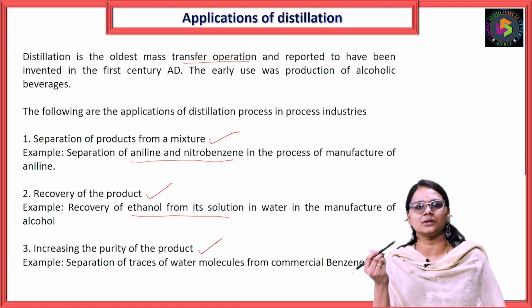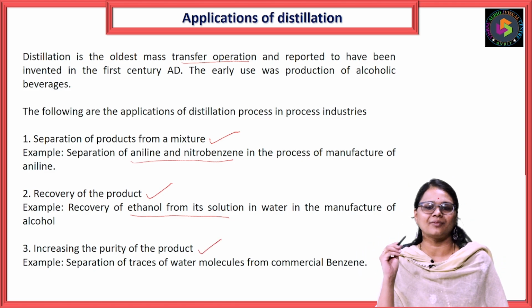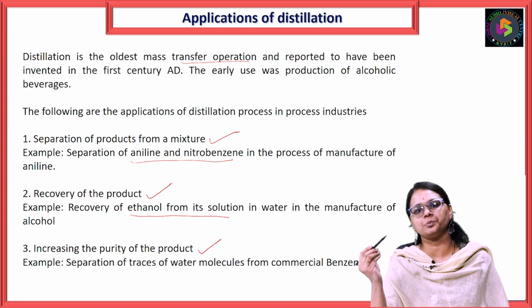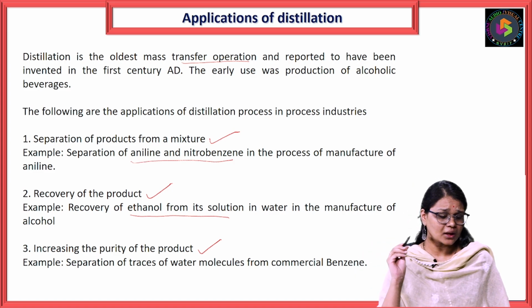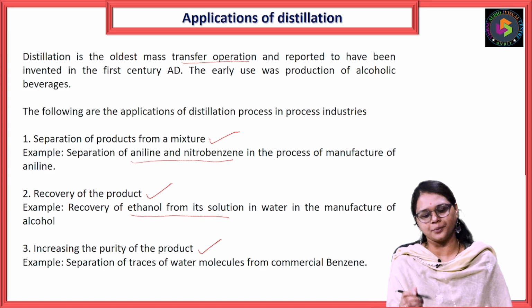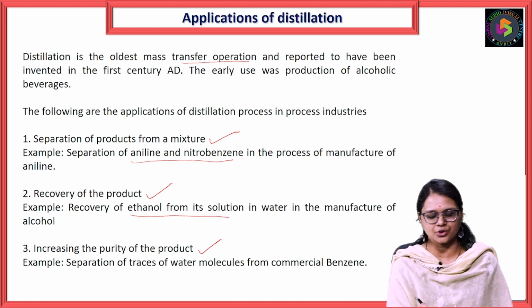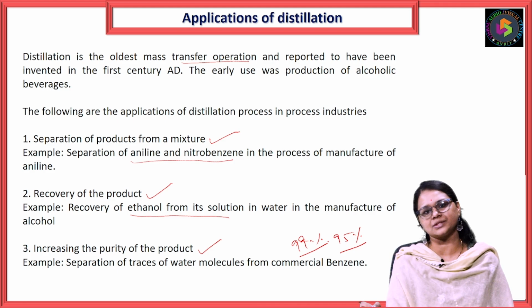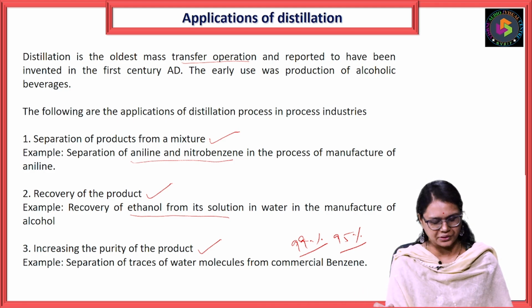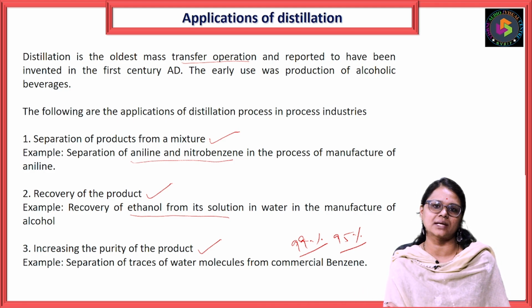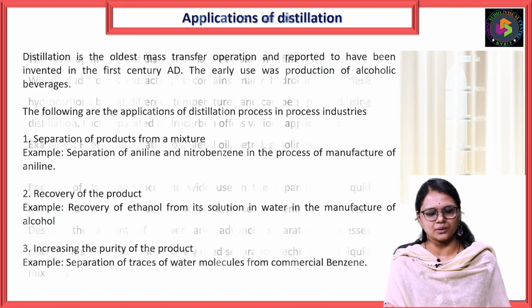The value of a product depends on how purely you prepare it. In order to maintain the purity, an industry may ask you to prepare it at 99% or 95% purity. Depending on the requirement, if you wanted to get a pure product, you will go with distillation. So these are the different applications of distillation.